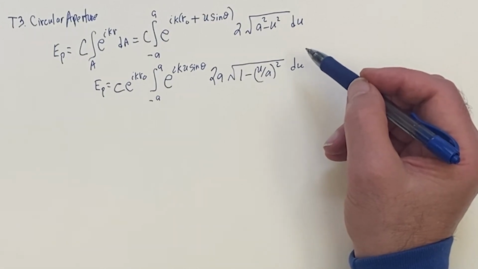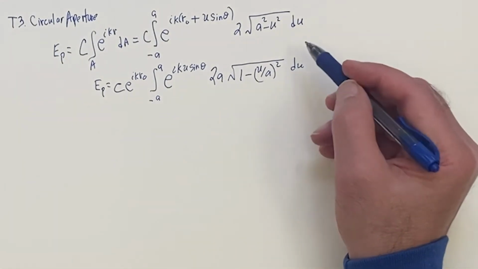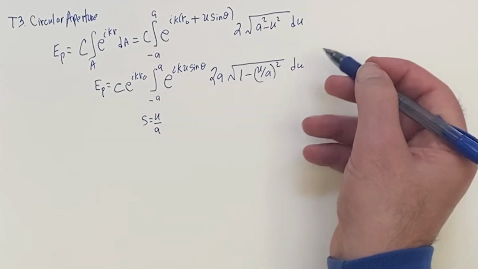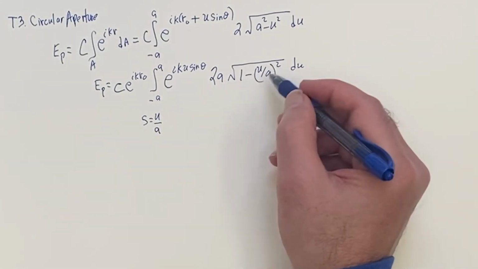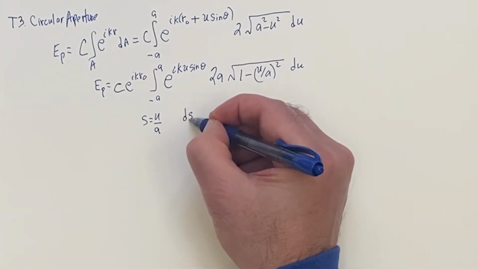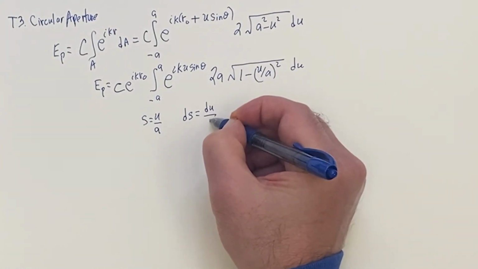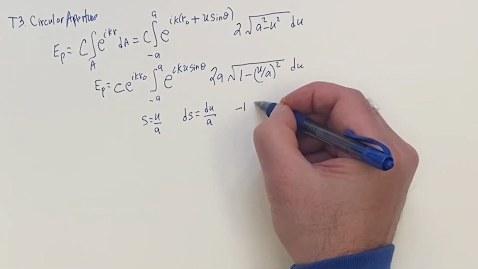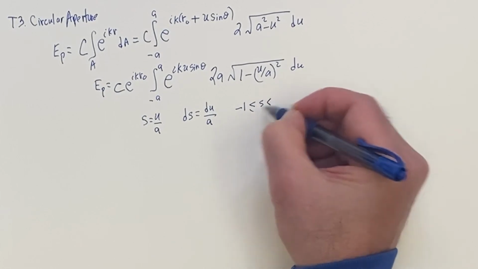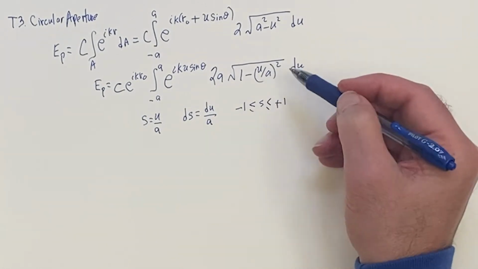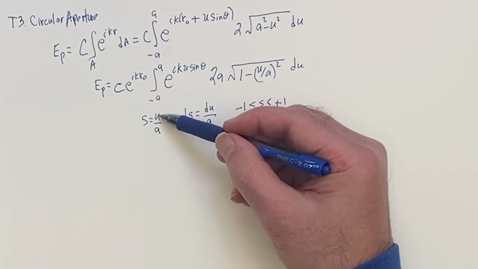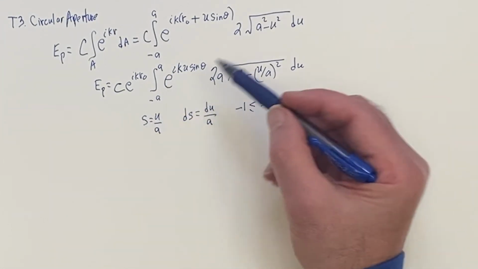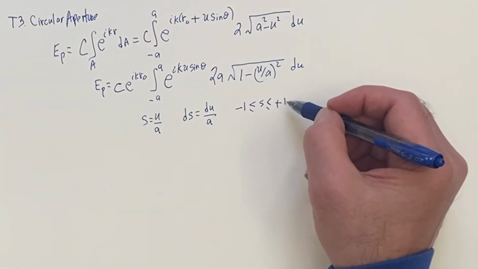Now this suggests that we let S equal U over A, a change of variable, so this will look simpler, and then dS is dU over A. As for S, you can see that when U goes from minus A to plus A, which is its natural range, then S is going to go from -1 to +1.